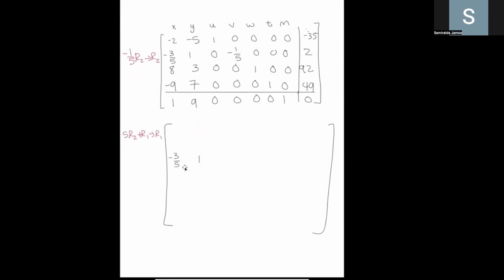I'm just copying row 2 down the way it is. Okay, so multiplying by 5, adding, we get negative 5, 0, 1, negative 1, 0, 0, 0, negative 25.